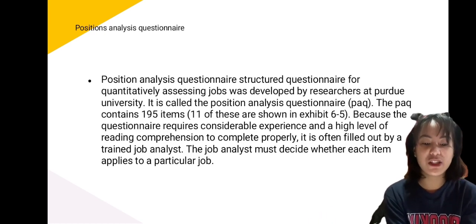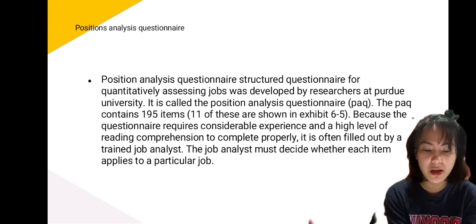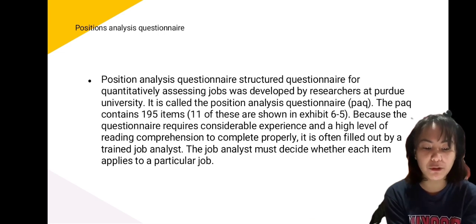The Position Analysis Questionnaire is a structured questionnaire for quantitatively assessing jobs, developed by researchers at Purdue University. It is called the Position Analysis Questionnaire. The PAQ contains 195 items, 11 of which are shown in Exhibit 6-5.